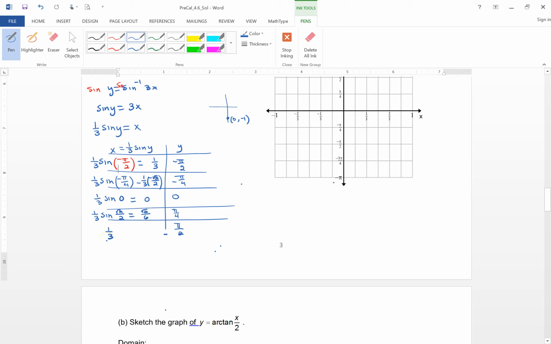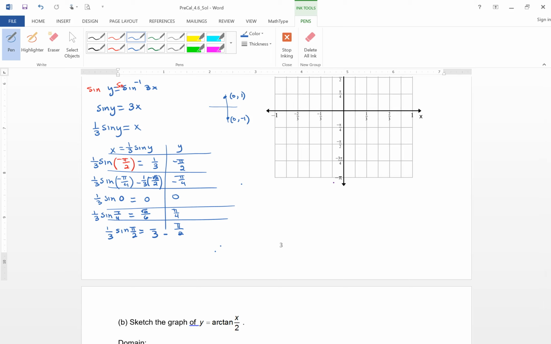1 over 3 sine of what? Pi over 2. What's sine of pi over 2? Oh, that should be sine of pi over 4, which is root 2 over 2. Right, so what's sine of pi over 4? Root 2 over 2.